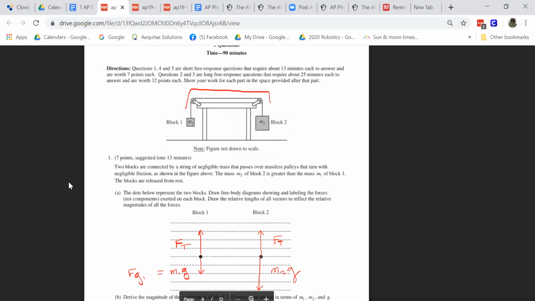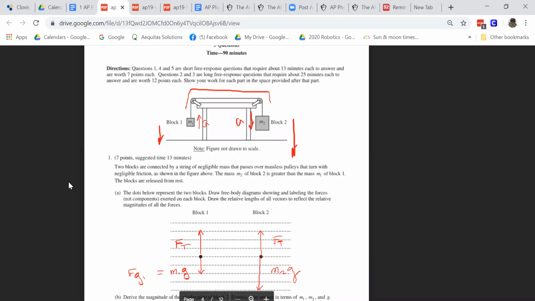And notice something here. This object 1, mass 1, is going to accelerate up, right? If you were to release that, this block has more weight, so it's going to pull down more than this pulls down. So you have a net force that's going to accelerate this. So block 1 is going to accelerate up, and block 2 is going to accelerate with the same magnitude of acceleration, but it's going to accelerate down.